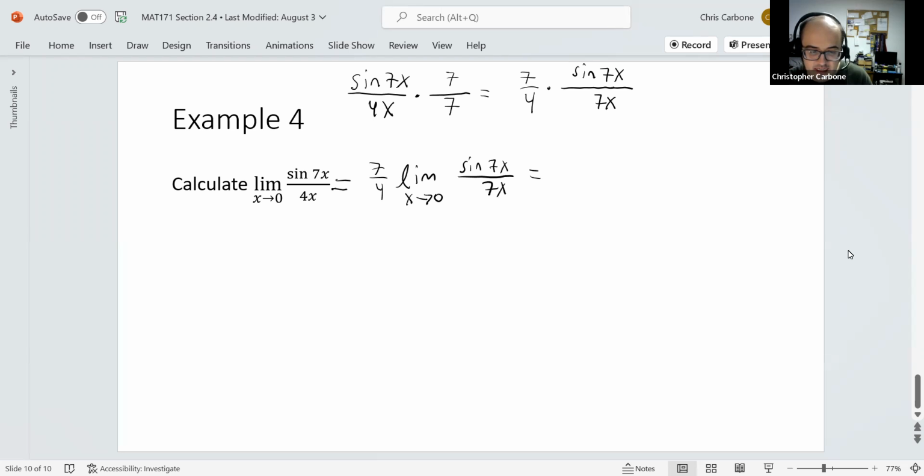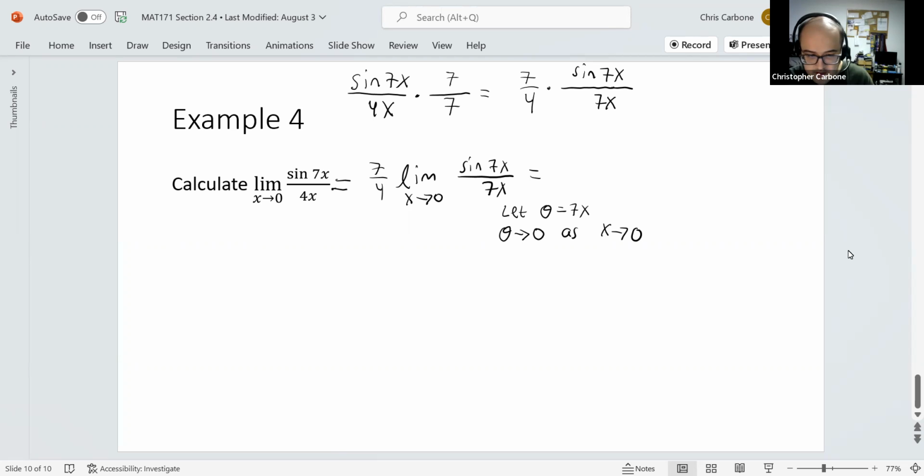So if we were to let theta be 7x, then we could see that theta approaches 0 as x also approaches 0, just multiply by 7.